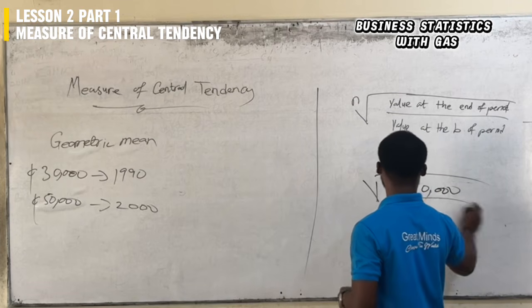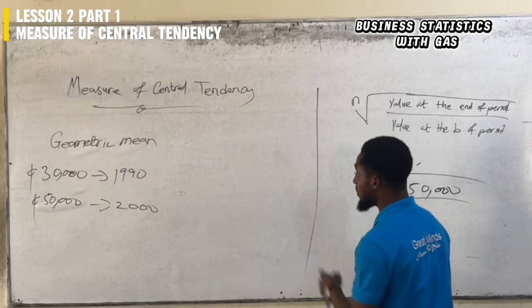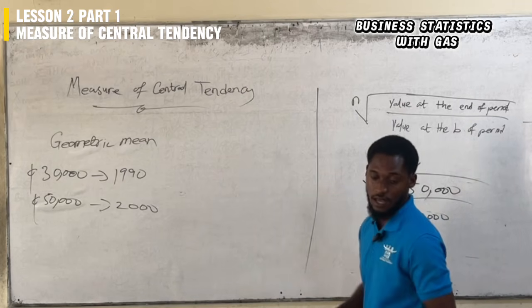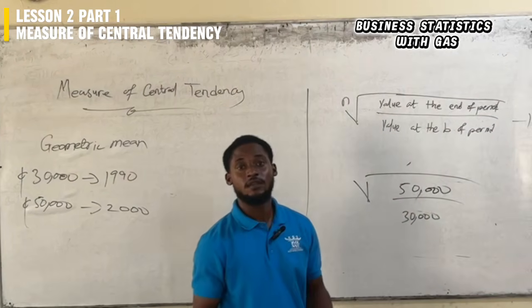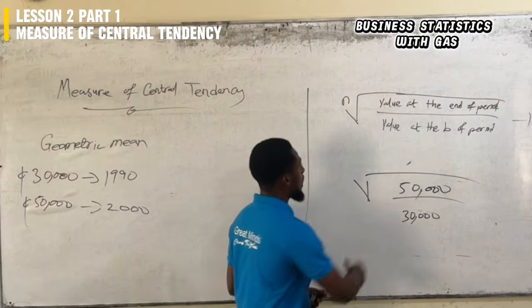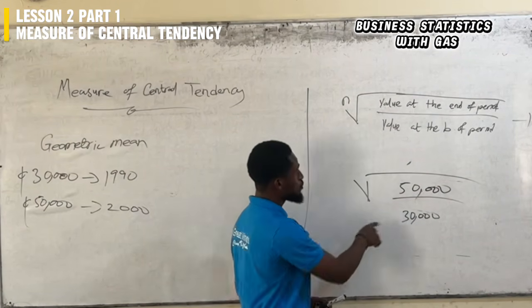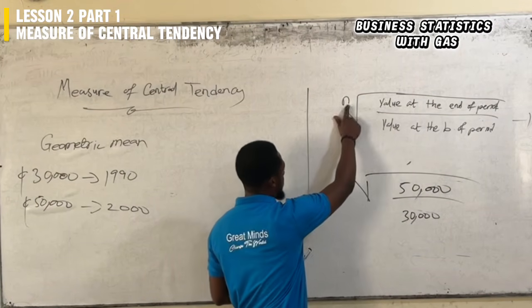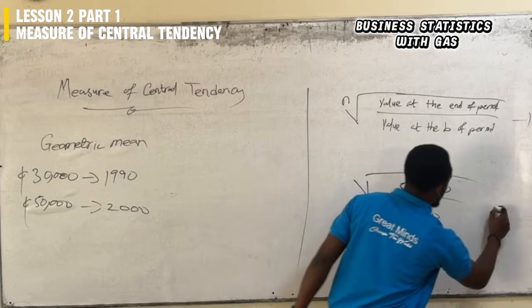So 50,000 divided by value at the beginning of period. The value at the beginning of period is 30,000. So we have our value at the end of period, and we also have our value at the beginning of period. Now we are left with our n. Let's bring our minus 1 here.